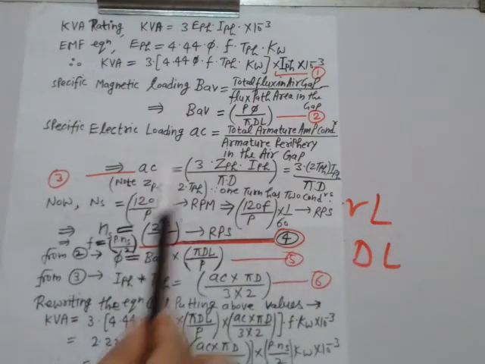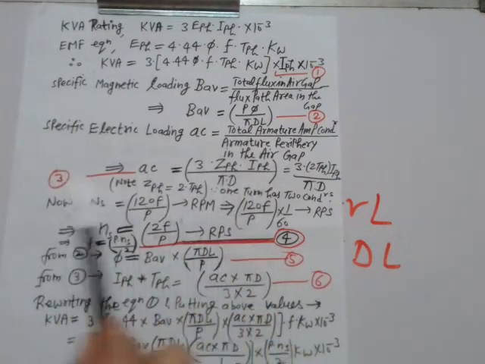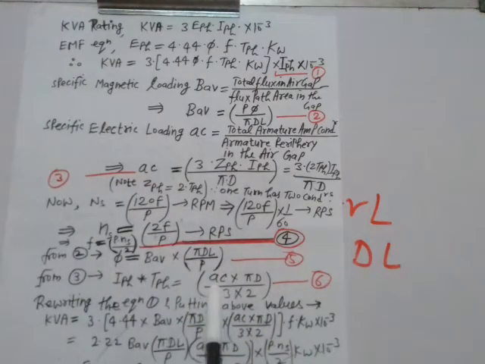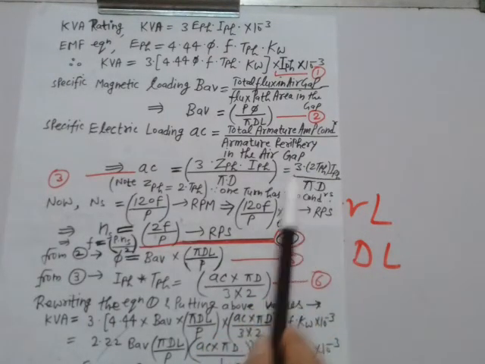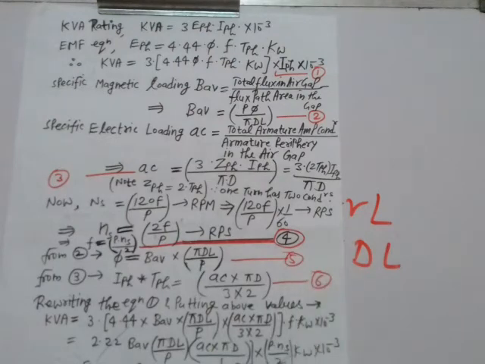Now from equation number 3 you can write I phase into T phase is equal to AC, that is specific electrical loading, into pi D by 3 into 2. Suppose this is equation number 6. Now if you rewrite equation number 1 and put these values in it, you will get kVA rating equal to 3 into 4.44 B average into pi D L by P, that is the value of flux phi that you have put.